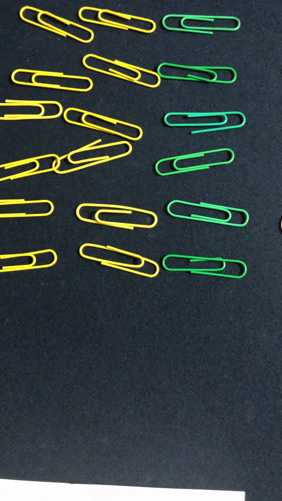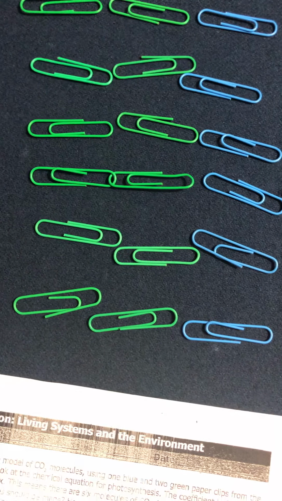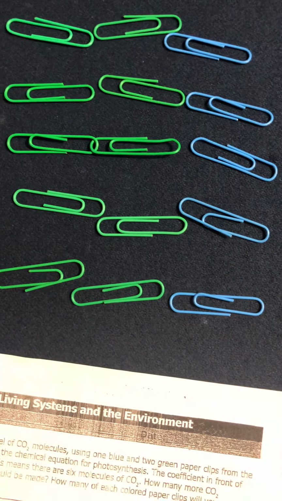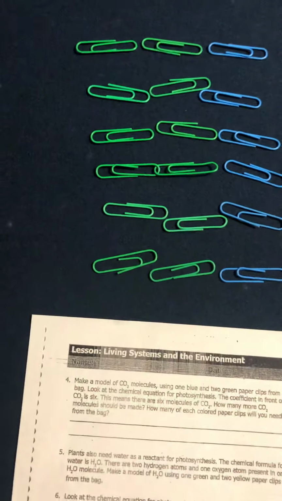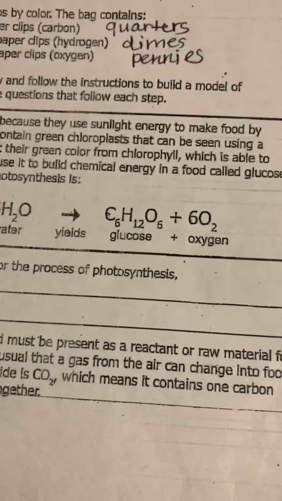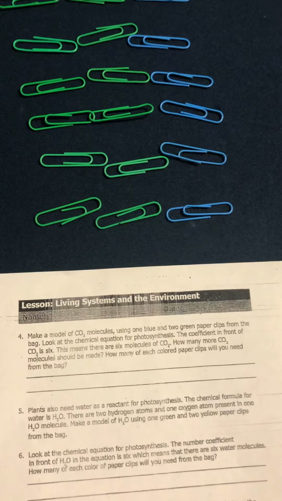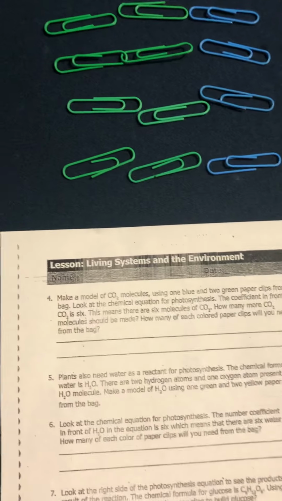Using the water and the carbon dioxide models, are there enough paper clips to build a glucose? Do we have enough paper clips to build a glucose? We're going to use those. So do we have enough to make a C6H12O6? I think we do. So we just answered question 7.